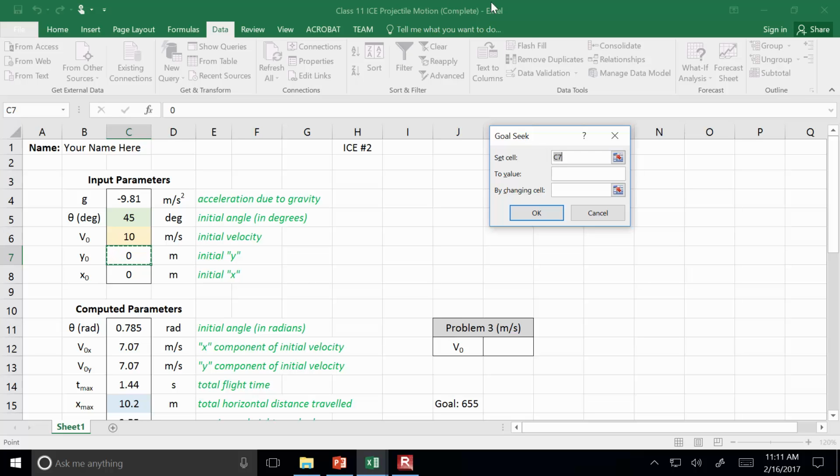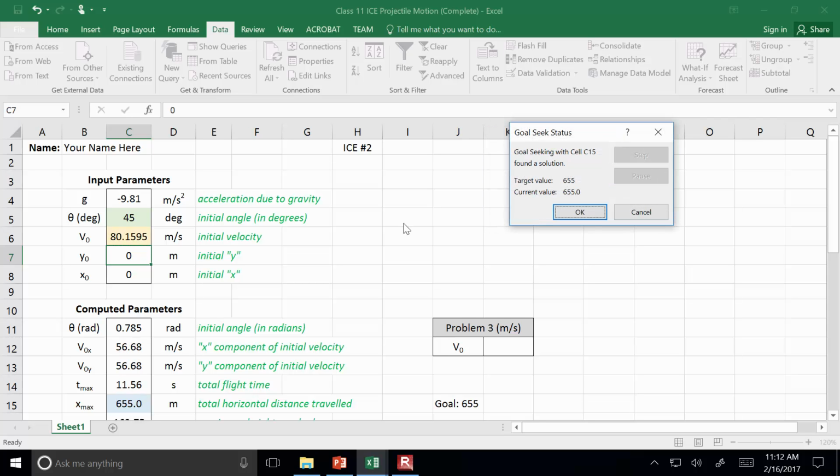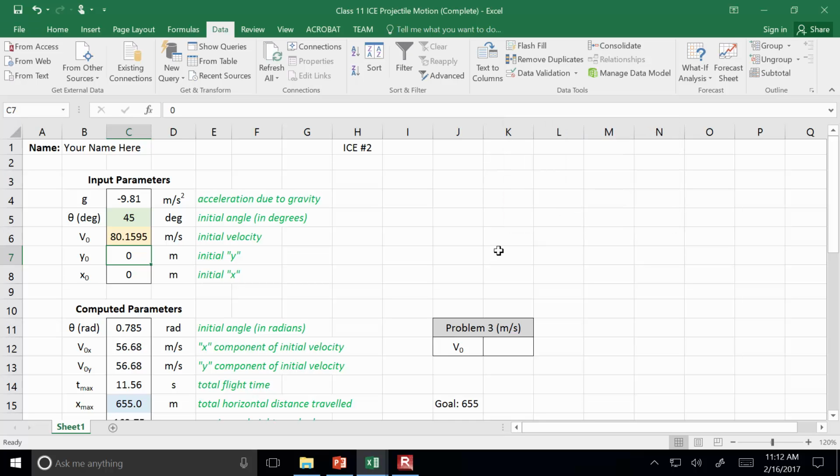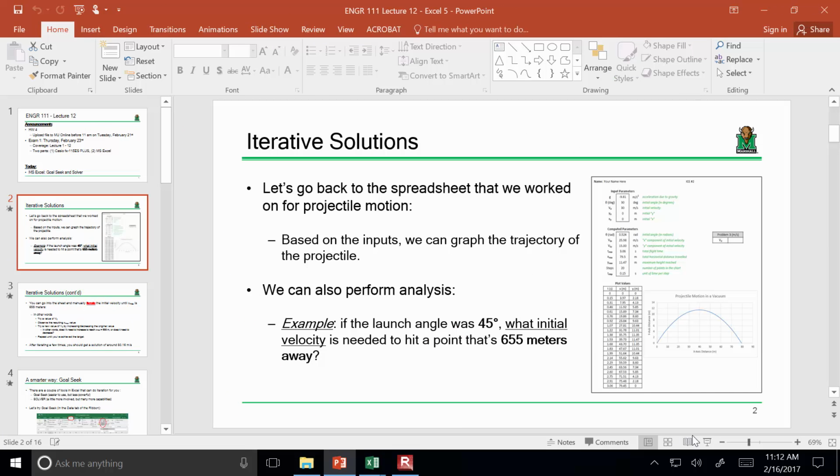So in Goal Seek, set the distance, X max, equal to 655 by changing the velocity, and click OK. Then it'll go and find the solution. It's very handy, right? So here's what I'd like you to do to practice that.